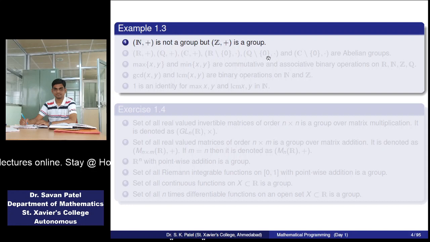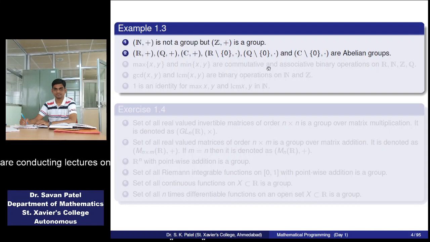Here we know that 0 is an identity for addition, and for each x there exists minus x, which is the inverse of x, such that x + (-x) is 0. Similarly, R, the set of all real numbers with usual addition, the set of all rational numbers with usual addition, and the set of all complex numbers with the usual addition are abelian groups.